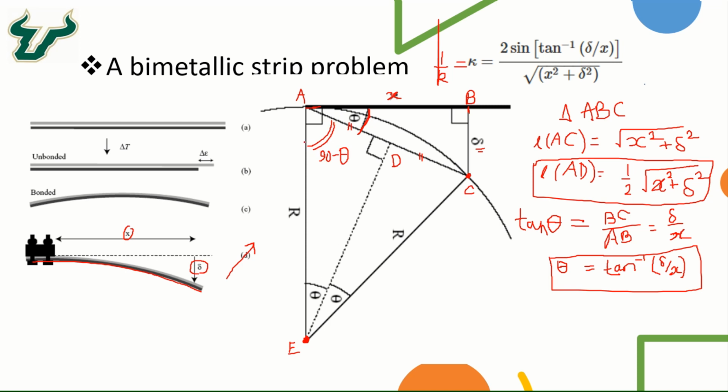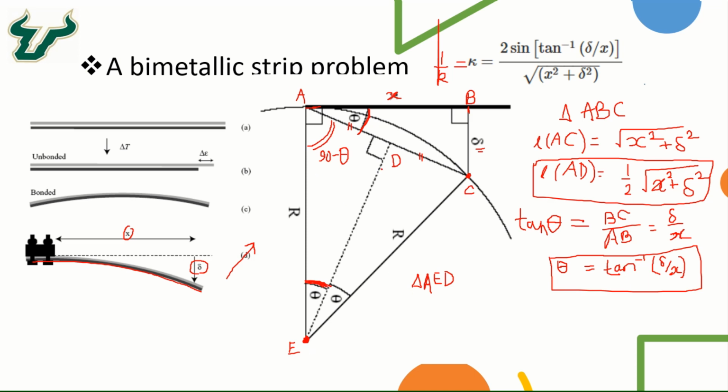And if we consider now the triangle AED, for the triangle AED, the angle ADE is 90, and this is 90 minus theta, so the angle AED is also equal to theta. Okay, again, just by very simple geometry here.